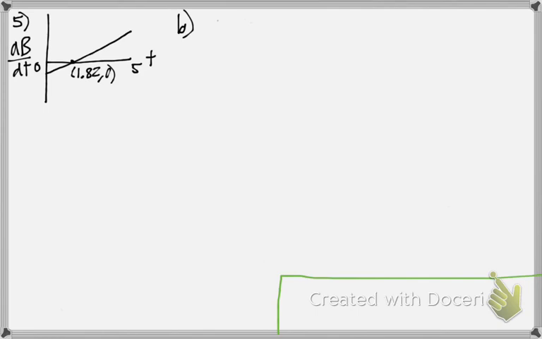So let me write that. It's decreasing where the graph is negative, or you could say below the axis.